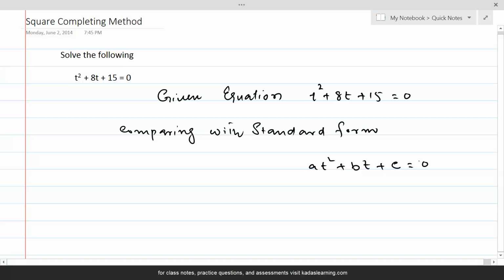Just by changing the variable x with t, we have this as the standard form, and from equation 1 and 2 what we get is a equal to 1 because the coefficient of t square is 1 here, and the coefficient of t is 8, therefore b is equal to 8 and c is equal to 15.